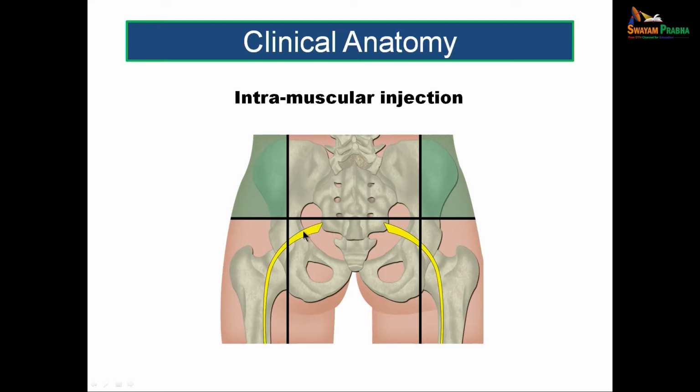Because the sciatic nerve, which is curving downwards and laterally and descending, lies in relation to the inferomedial and lateral quadrants, you avoid these quadrants and use this superolateral quadrant, which is much safer to give an intramuscular injection. The muscle used for the injection is gluteus medius, lying deep to gluteal aponeurosis.